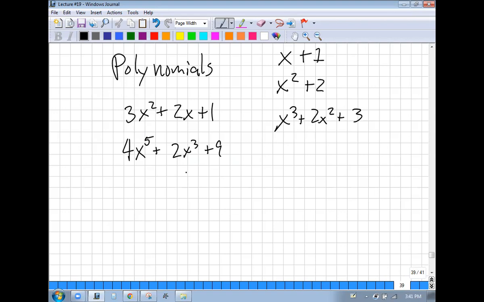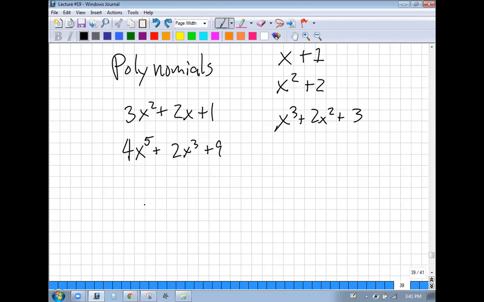So the generic form of a polynomial, all polynomials look like this. I'll call it C for coefficient. These numbers are coefficients. X is your variable.